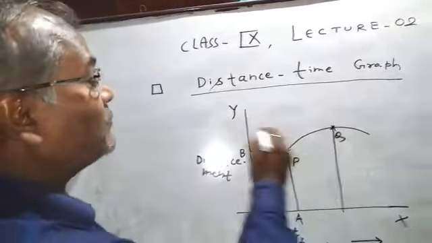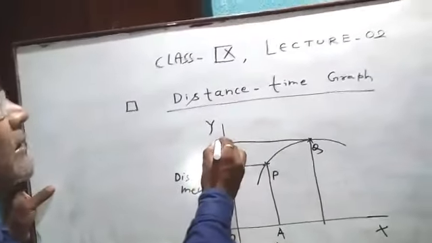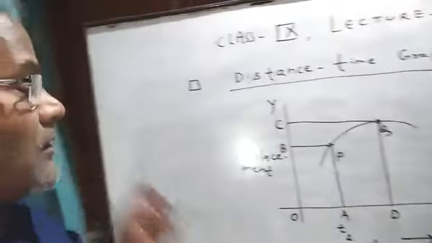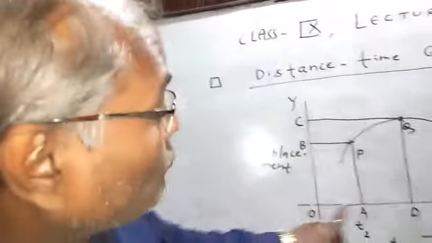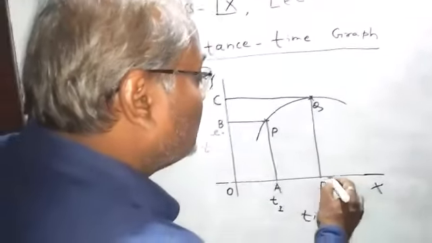Similarly, we draw two perpendicular lines from point Q. Let us suppose they meet at point C and point D. The length of OD will represent the next time, T2, and T1 is the length of OA.